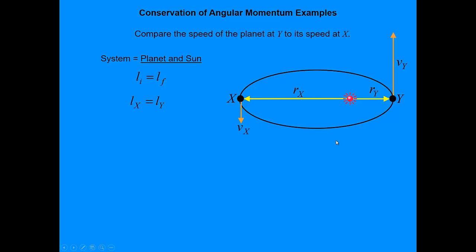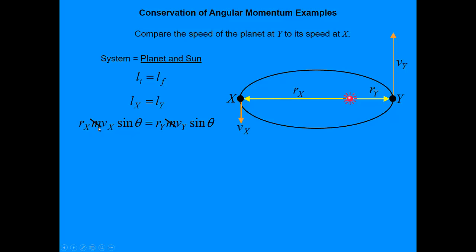Now, using the angular momentum equation we developed yesterday for particles, we get Rmv sine theta for each case. Note here, this is Rx and Vx, and this is Ry and Vy. Notice I didn't have to subscript the m's because the mass stays the same.